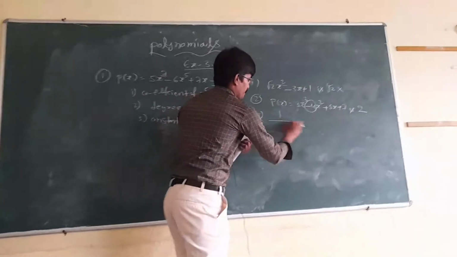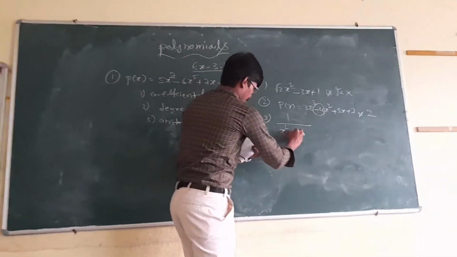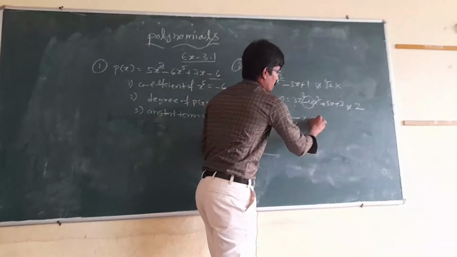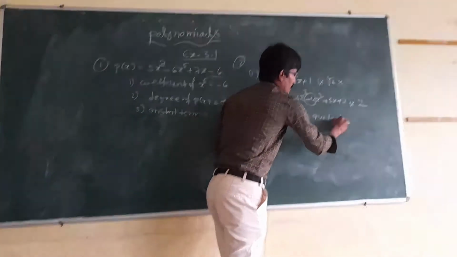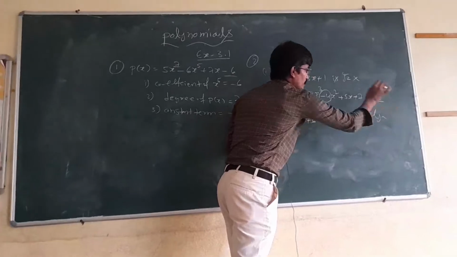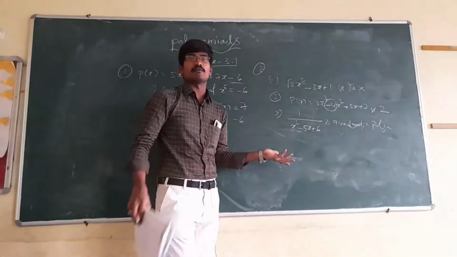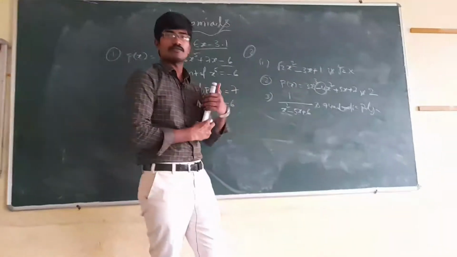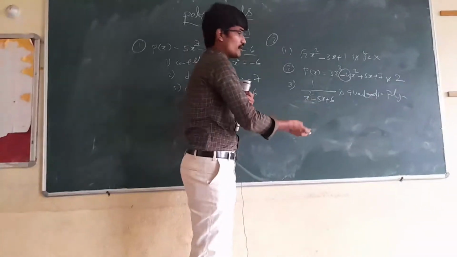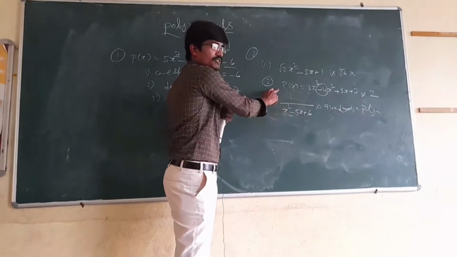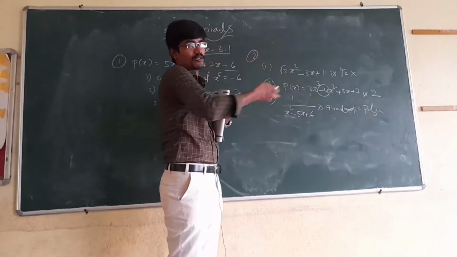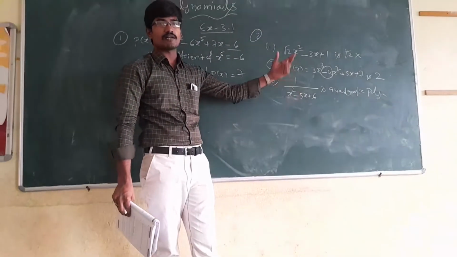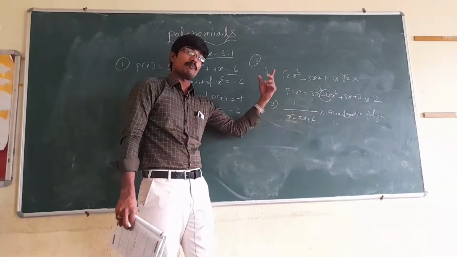1 by x square minus 5x plus 6 is a quadratic polynomial, they have given. We need to write true or false. First of all, it is not a polynomial. Why? Because of 1 by x square minus 5x plus 6. This x square you can send to the numerator, and x power minus 2 will come. Yes or no? Here the denominator is x square, so moving it to the numerator, x power minus 2 will come.